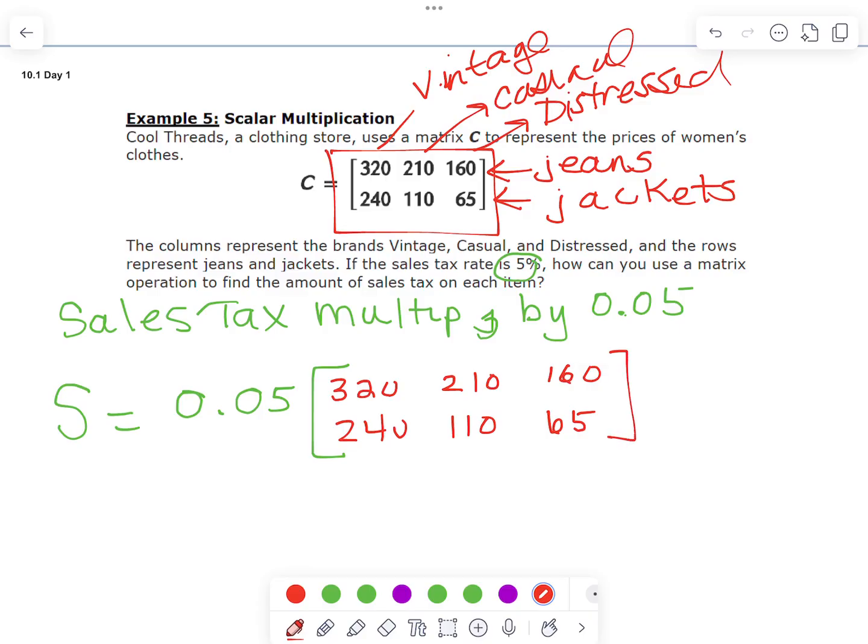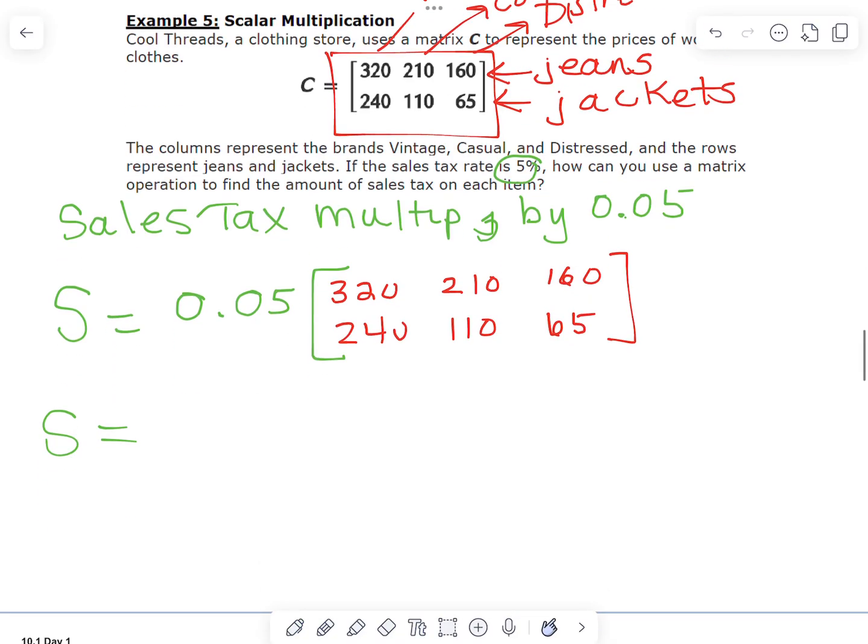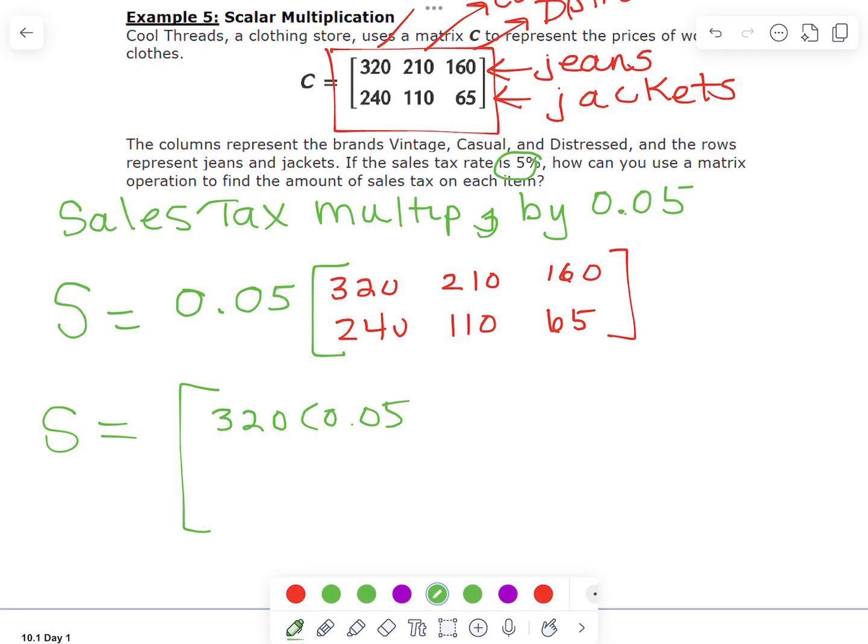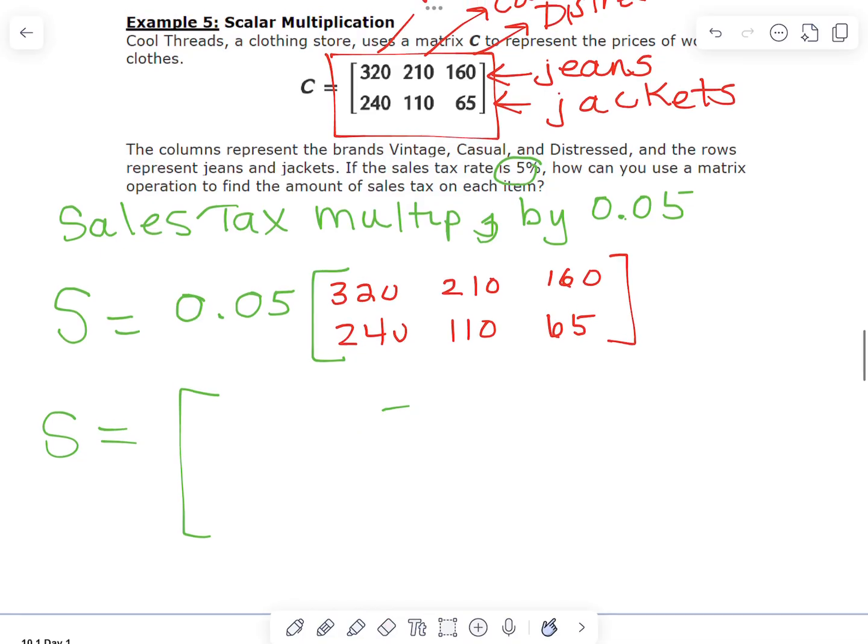And what we essentially do is multiply each of those numbers by 0.05. So you take 320 times 0.05. Actually, I think we can probably just do these with our calculator. You can pause if you'd like to and just take your calculator and multiply those.